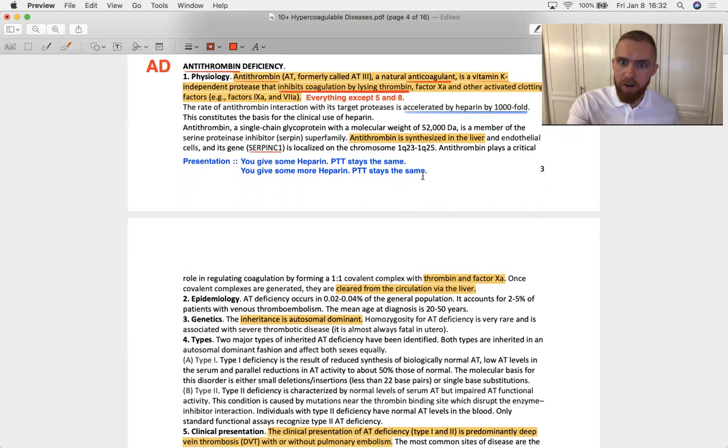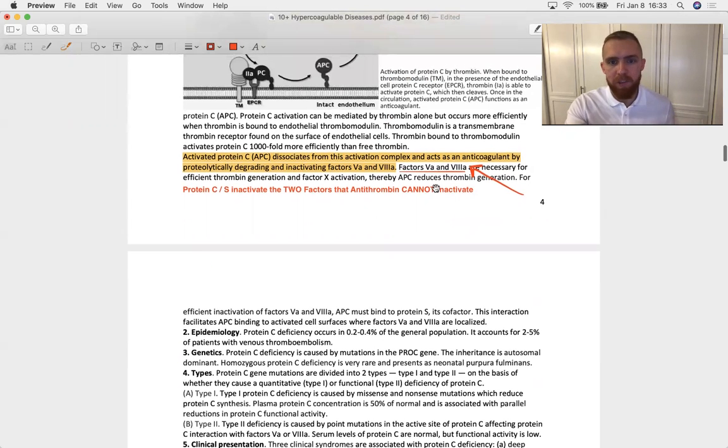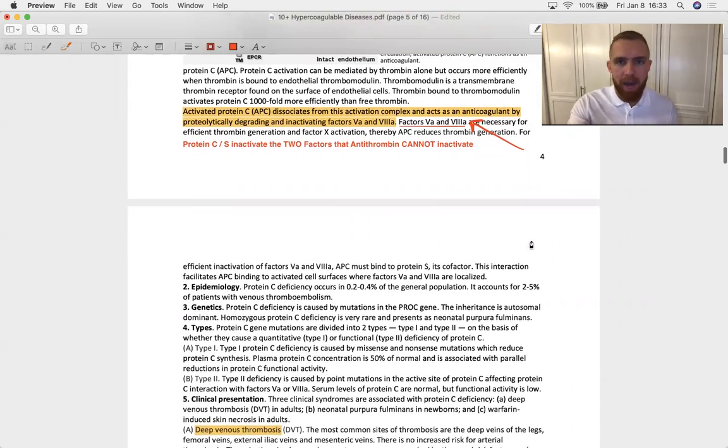It's going to cut apart other serine proteases, and everything except 5 and 8 antithrombin works on. So that means antithrombin is not your guy if you want to get rid of factor 5 or factor 8 in the blood. You need protein C to do that. So that's the physiologic role of protein C and S. They inactivate the two clotting factors that antithrombin cannot do anything about.